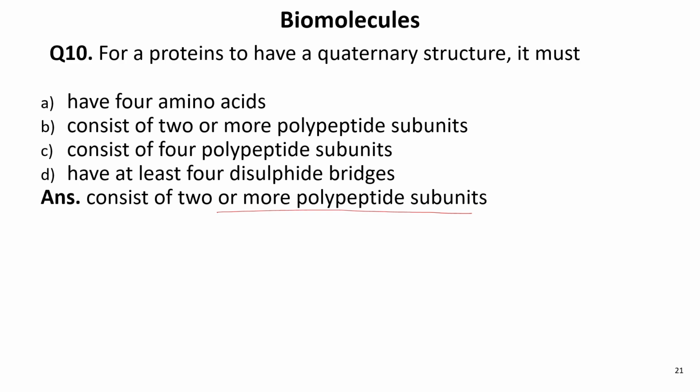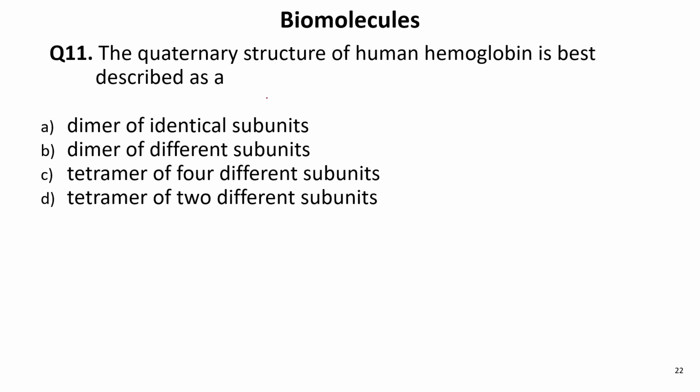Next question. The quaternary structure of a human hemoglobin is best described as a dimer of identical subunits, dimer of different subunits, tetramer of 4 different subunits, or tetramer of 2 different subunits. If you remember the structure of human hemoglobin, it has 2 alpha and 2 beta.